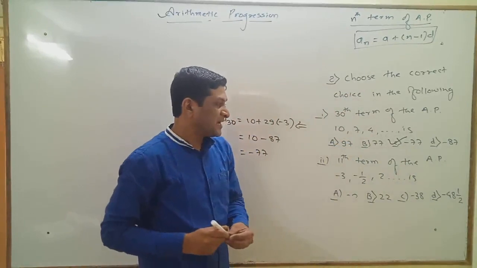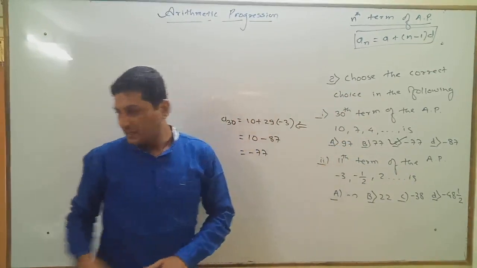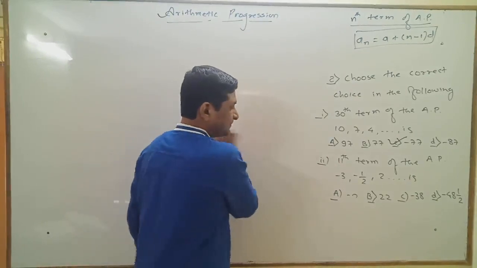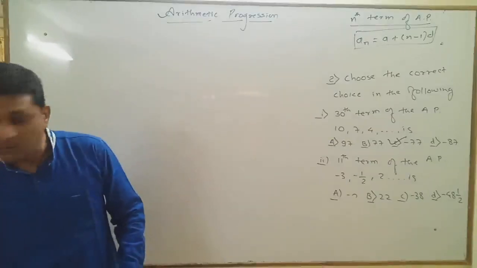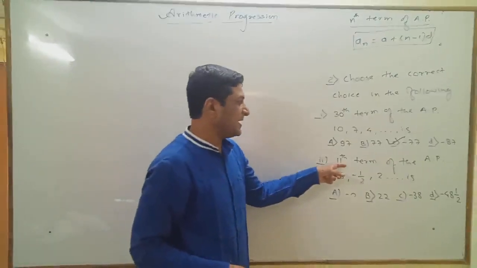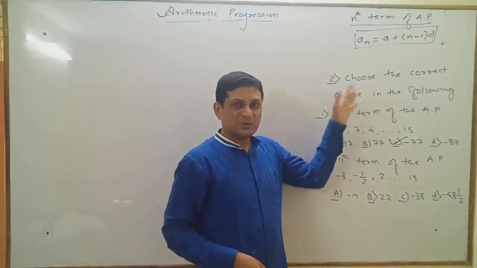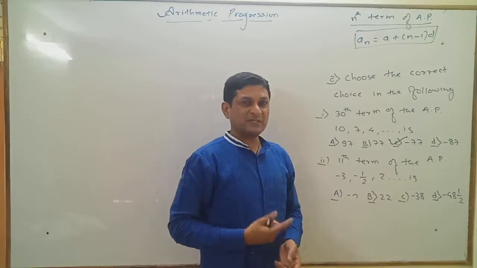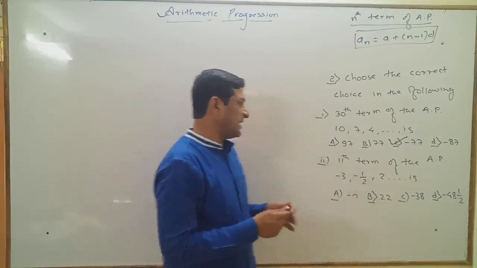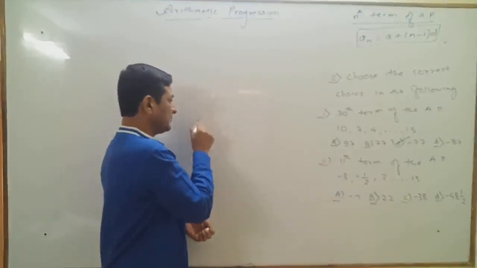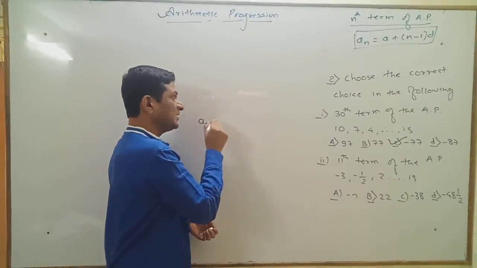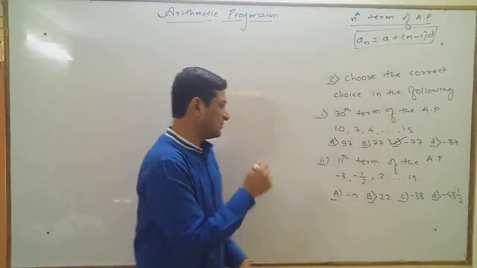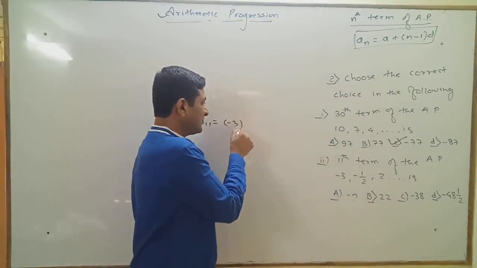Now we are solving the second example. In the second example, again observe the given condition here. This is also a multiple choice question, and here we have to find the 11th term. So we have to use the same method which you have seen in the first example. To find the 11th term, again we are applying the same formula. a11 is equal to, what is that formula? a means first term. The first term is here minus 3 plus n minus 1.